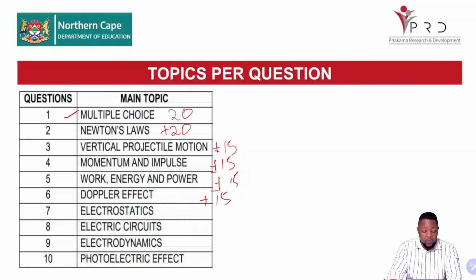Just know, for each question, what is being assessed in that particular question. But very important is that you can start with any question that you understand the most. For example, you can start with question 10, followed by question 6, followed by question 3.